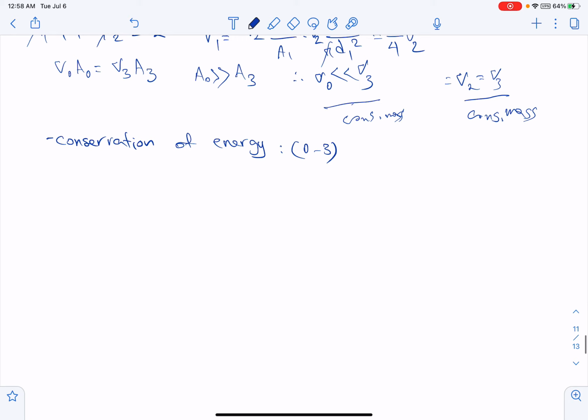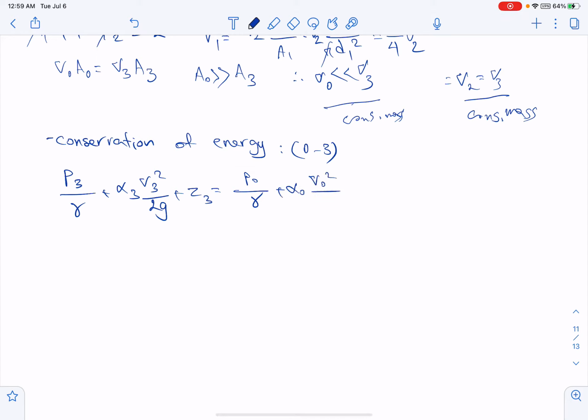This is the formula that we have: P3 over gamma plus alpha 3 V3 squared over 2g plus Z3 equals P0 over gamma plus alpha 0 V0 squared over 2g plus Z0 plus HS minus HL.